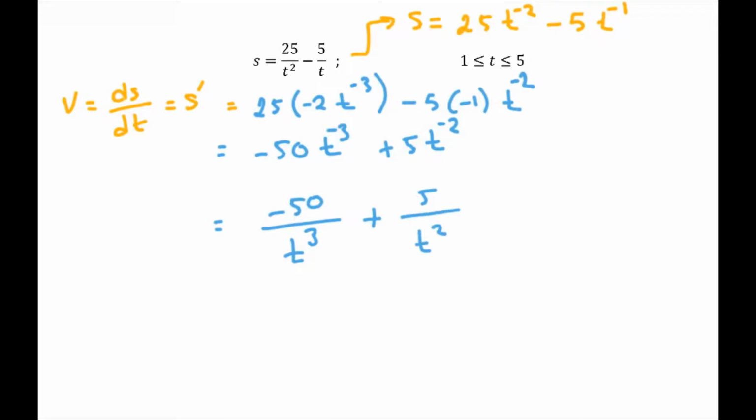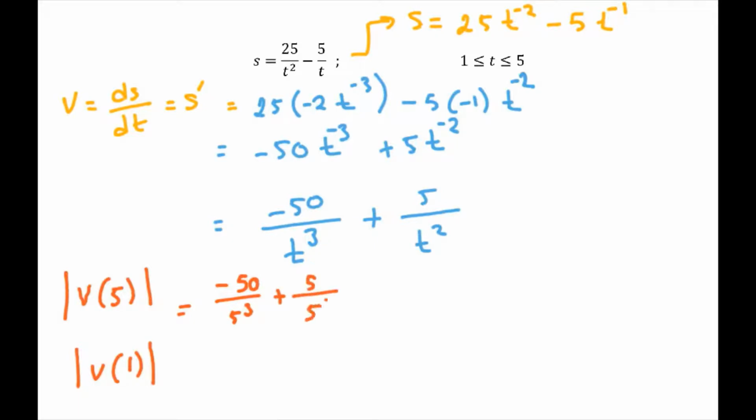Now to find the speed at the endpoints, I'll take the absolute value of v5 and the absolute value of v1. v5 is equal to negative 50 over 5 cubed plus 5 over 5 squared, and that's going to be equal to 1/5 meter per second.